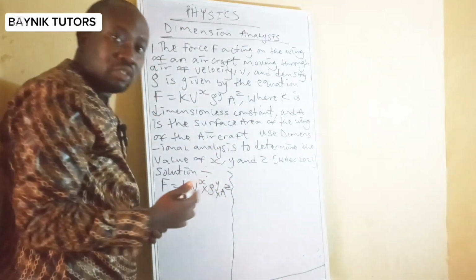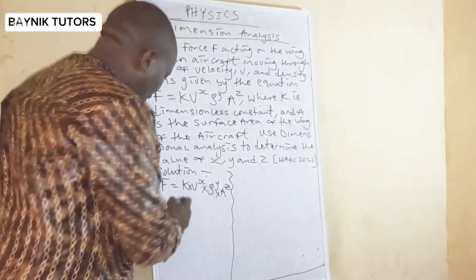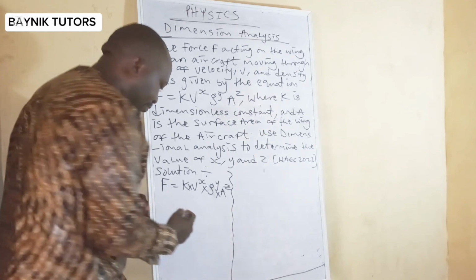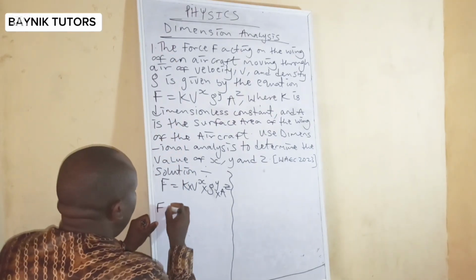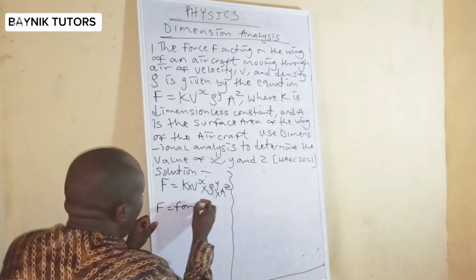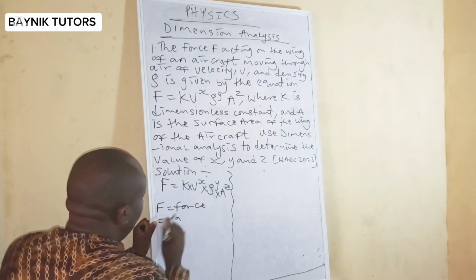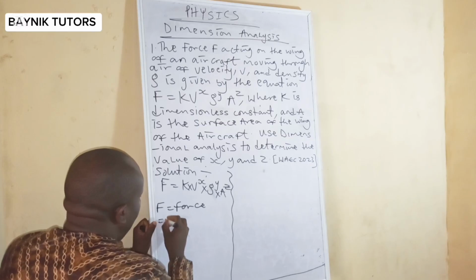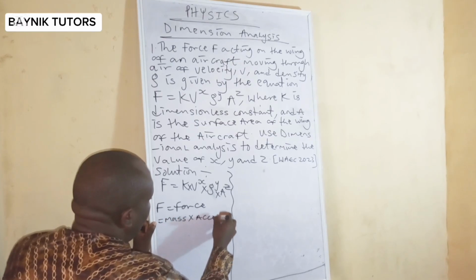We are going to pick each of the quantities. Here will now be my F, which is my force, which is equal to mass times acceleration.